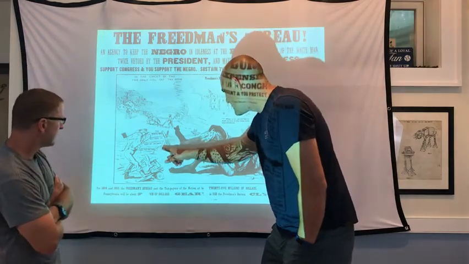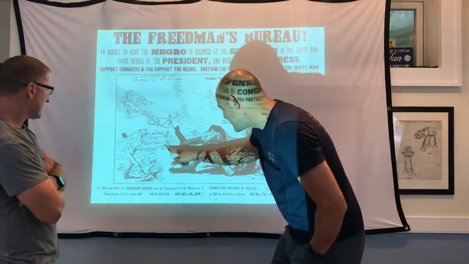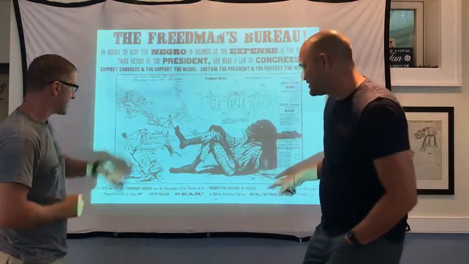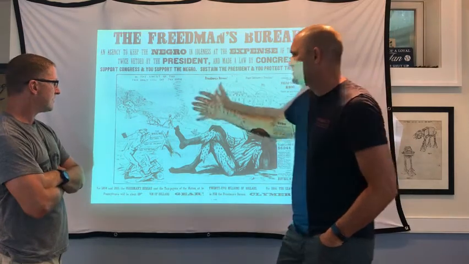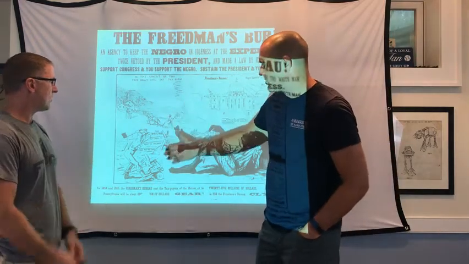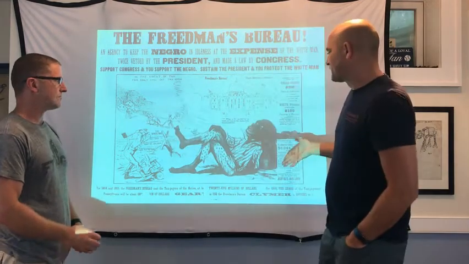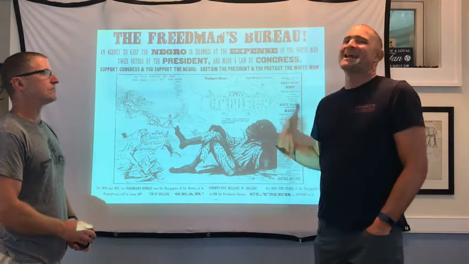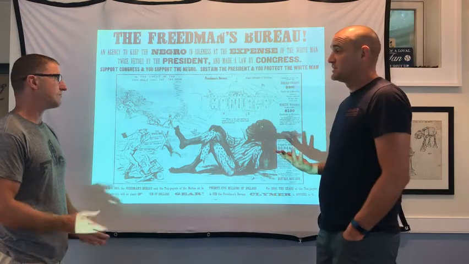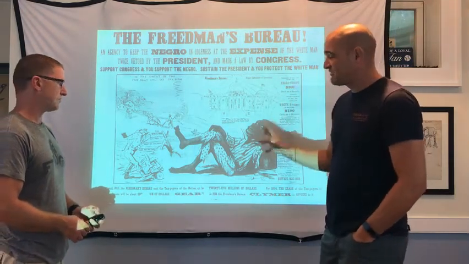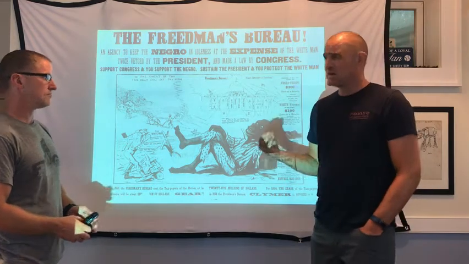The white man must work to keep his children and pay his taxes. And here you see a white farmer, a white lumberjack, working their butt off while the freedman is kind of just sitting there being taken care of by the government.